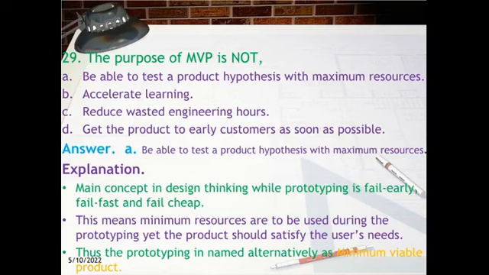Explanation. Main concept in design thinking while prototyping is fail early, fail fast, and fail cheap. This means minimum resources are to be used during the prototyping, yet the product should satisfy the user's needs. Thus the prototyping is named alternatively as minimum viable product.